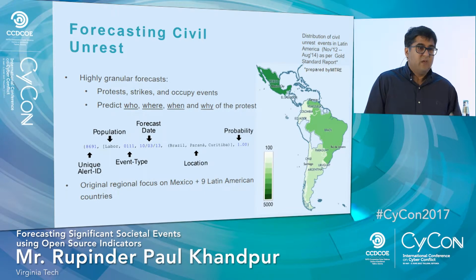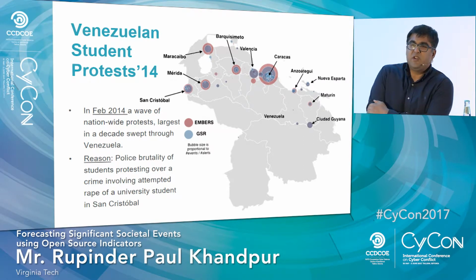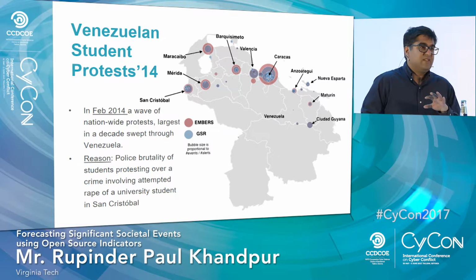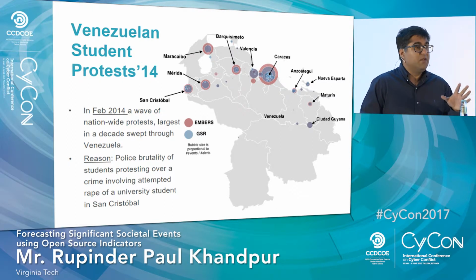We initially started out with Latin America, right? And then we gradually covered North Africa and some Middle Eastern countries as well in the program. One interesting case study that I want to share with you is the Venezuelan spring that we captured through EMBERS. This red bubble indicates all the EMBERS alerts that were issued for that period, and the blue circles are the ground truth.